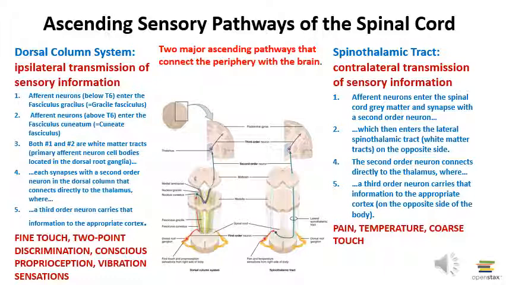So make sure you know the distinction between these two different pathways of spinal transmission. One being ipsilateral, one being contralateral, one being the dorsal column system, and the other being the spinothalamic tract. And each of them governs specific transmission of specific information, and you'll need to know that.